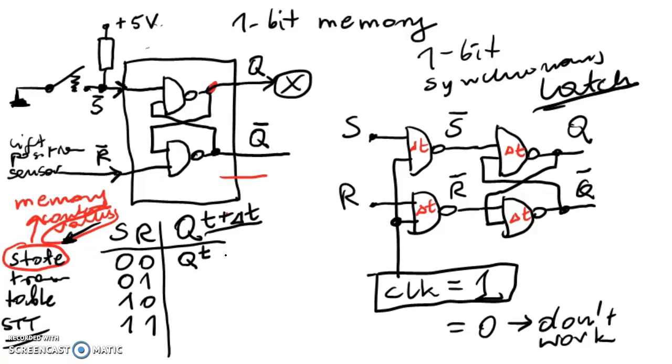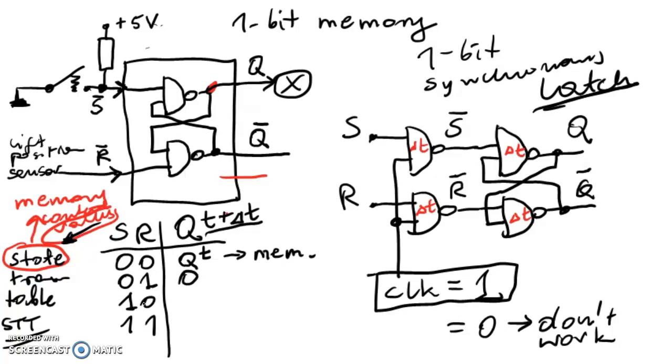It is a memory command. Don't change anything. So the next state after delta t, after propagation time, will be the same as the current state, 0 or 1, depending. R equal to 1, it is active high, so R equal to 1 means reset.